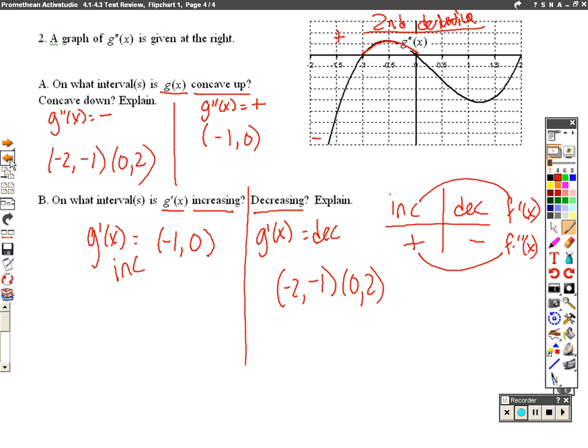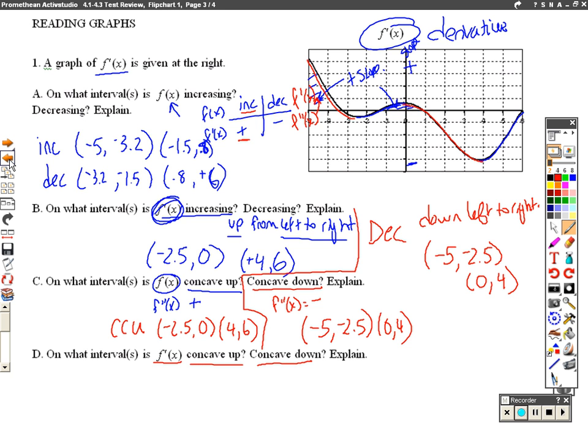So like on this other one right here, where this was the derivative, the horizontal tangents would occur every time the derivative hit the x-axis. Because this literally means a slope that is equal to 0. And horizontal tangents have a slope that is equal to 0.